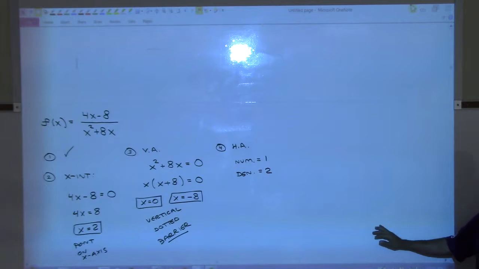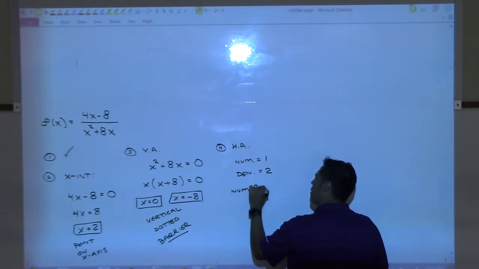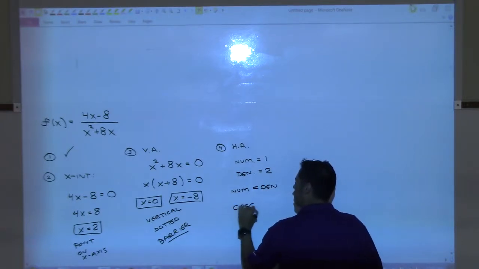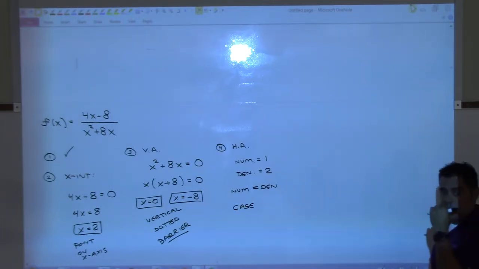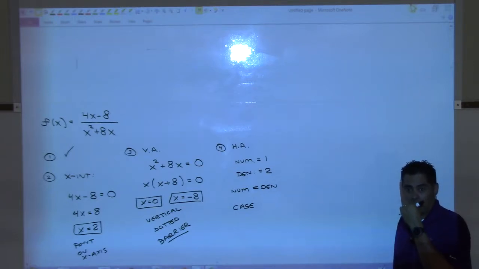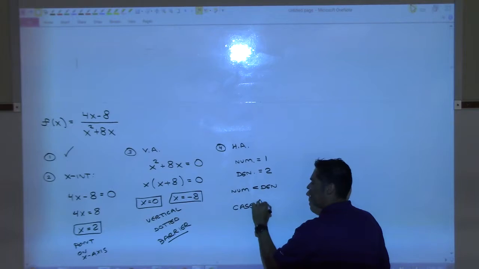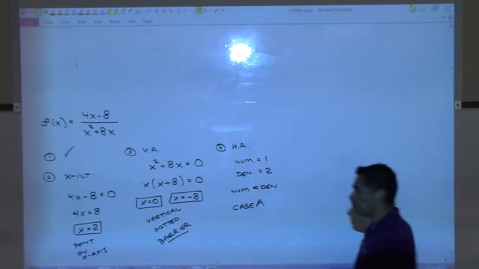So in this particular case, the numerator's degree is smaller than the denominator's degree. Rastim, what case are we in then? I gave us 3 cases. What case is it when the numerator was smaller than the denominator? X-axis is the horizontal asymptote. So it's case A? Everyone follow? We're in case A in your notes. We're in the case where the x-axis automatically becomes your horizontal asymptote, all right?